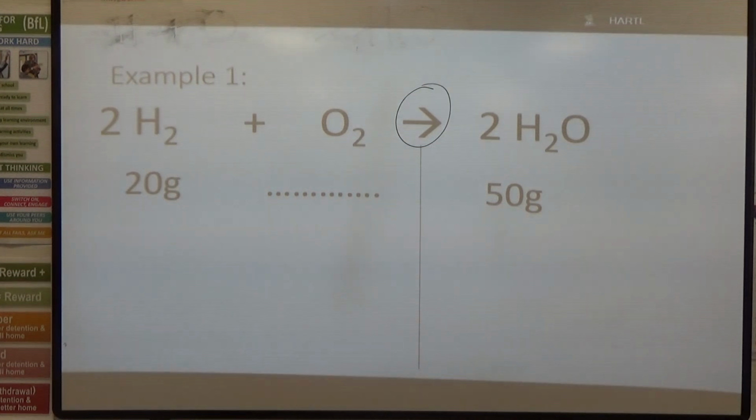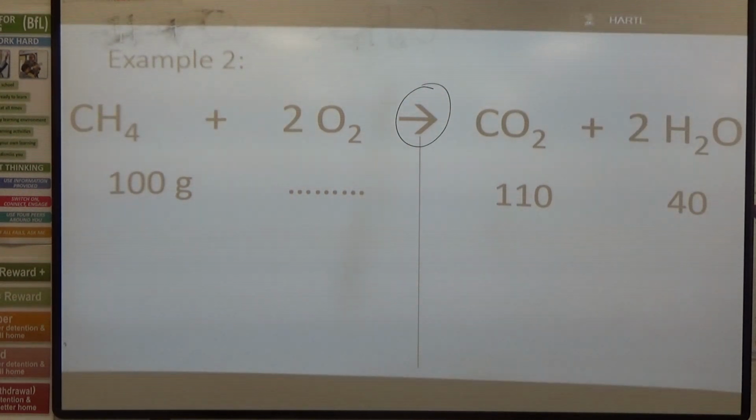These are just random numbers. I'll put grams in there, it could be tons, whatever. So for example, we've got 20 grams of hydrogen, missing the amount of oxygen we need, but we end up with 50 grams of water at the end. What's the missing value? 30. Really simple, right? Simple maths.